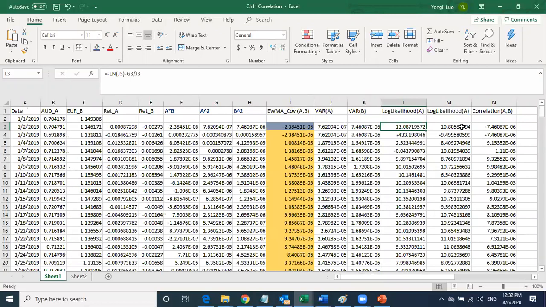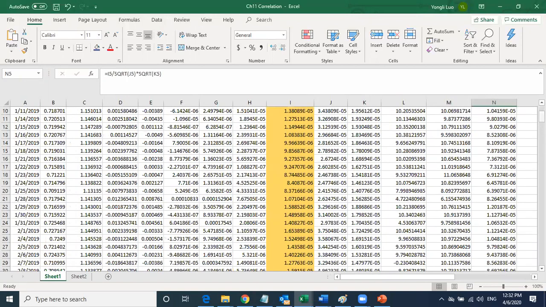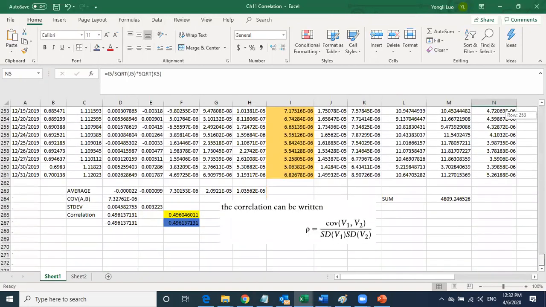Okay, we do the same thing for A and the likelihood of B. Okay, this is B. So you have A and B, both of them take the log likelihood and then you sum them up. This is the sum of likelihood of these two columns.